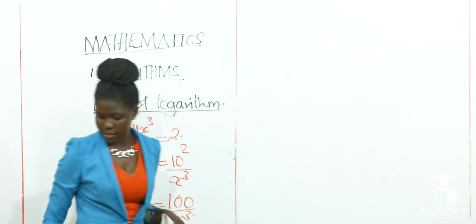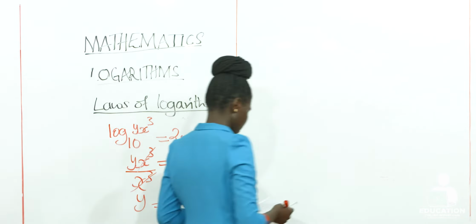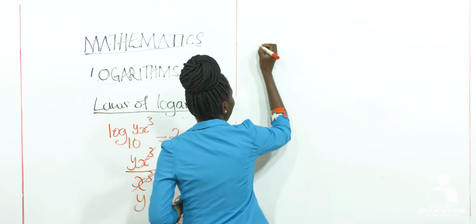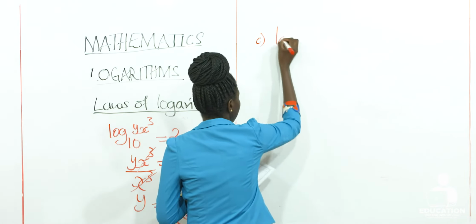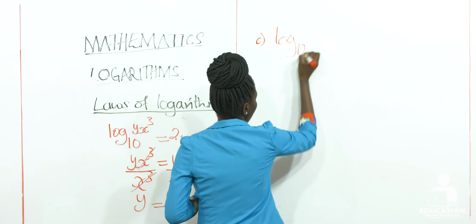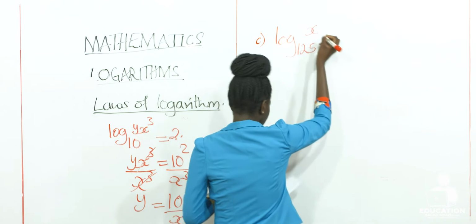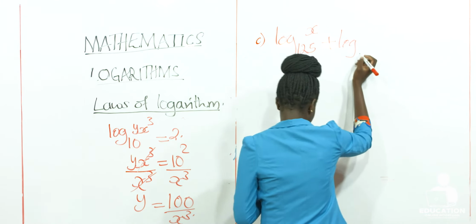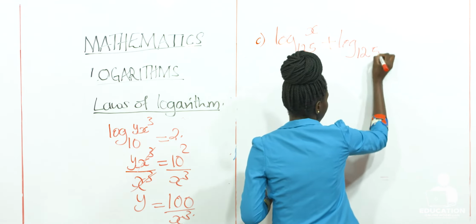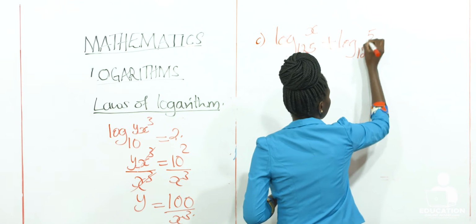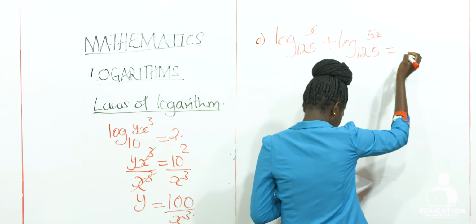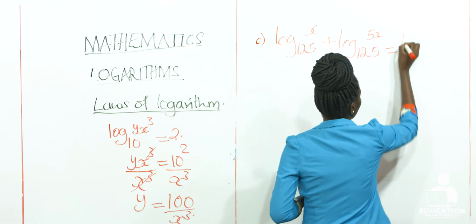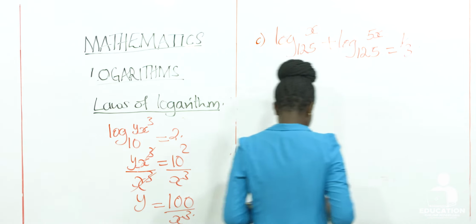Let's have the last example. Our last example, C, says log 125 x plus log 125 5x is equal to 1 out of 3.